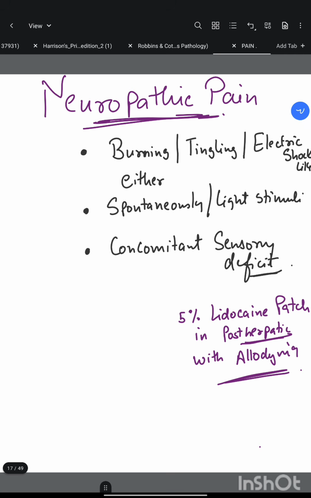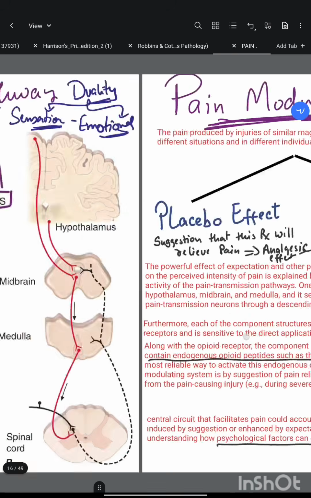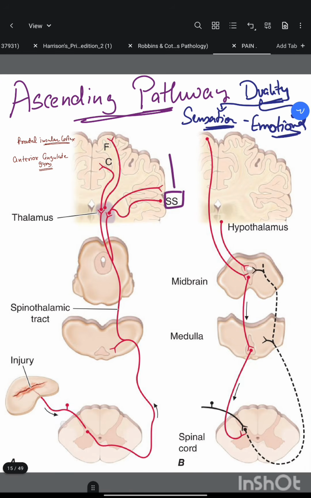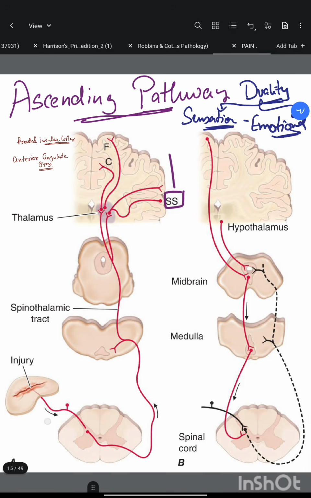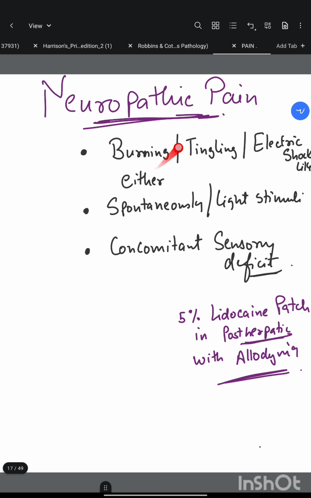There are several examples in which the peripheral nerves get affected. The nerve is not completely cut off, but it is damaged. Hence the patient perceives pain such as burning sensation, tingling sensation, electric shock like, either spontaneously or with light stimuli.